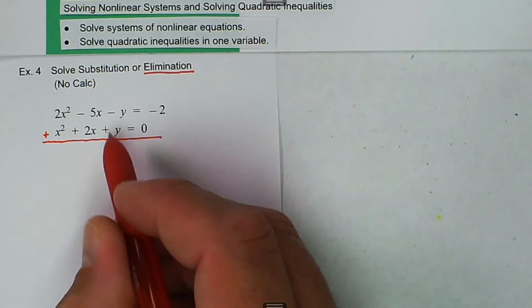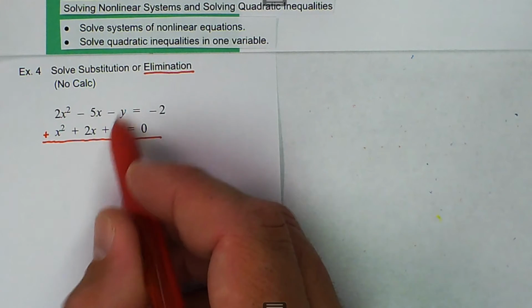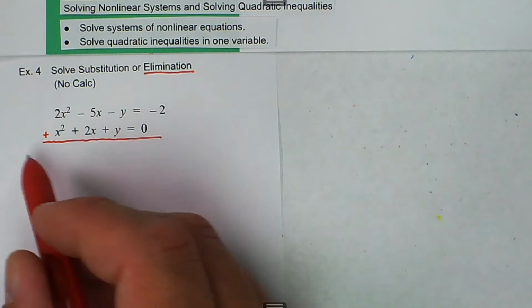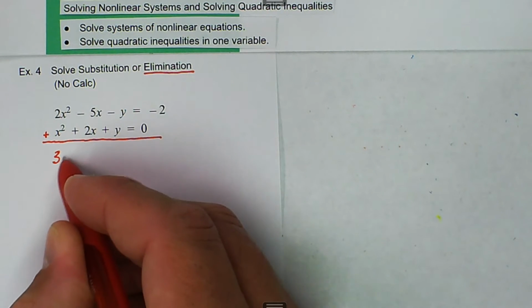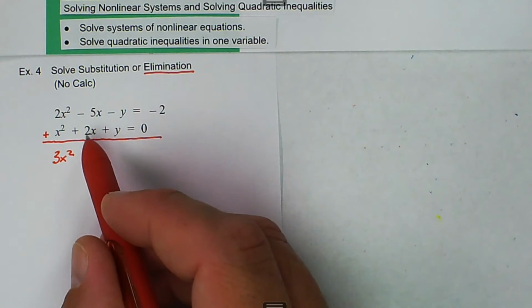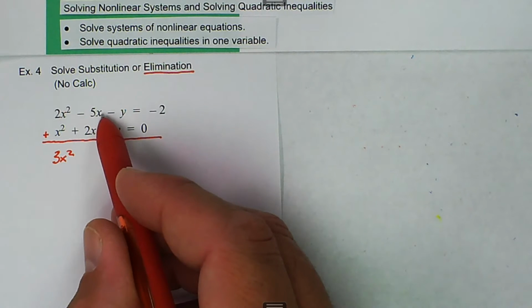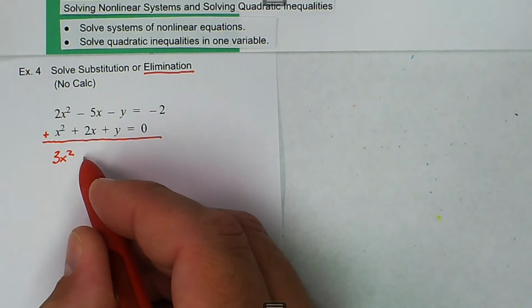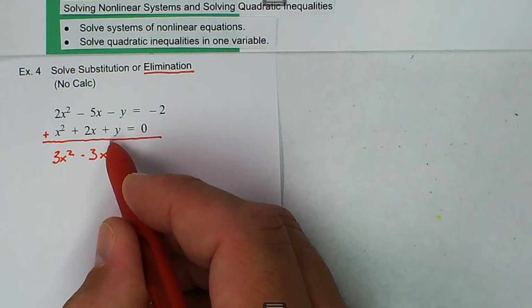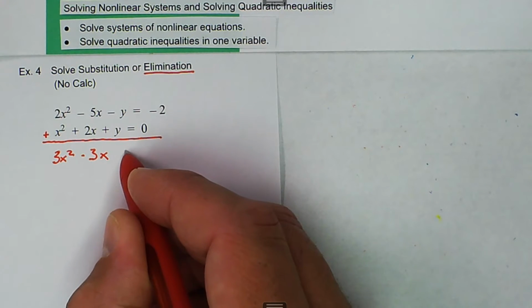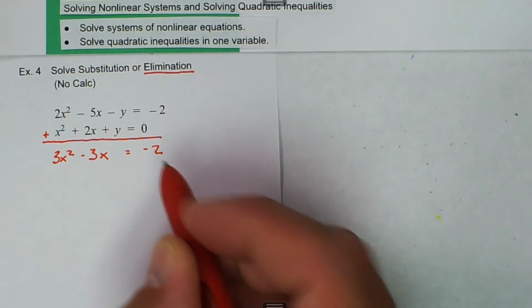If we add these, because this is negative and this is positive, they're going to cancel each other out. So 2x squared plus 1x squared is going to be 3x squared, and -5x plus 2x is going to be -3x. The y's cancel each other out, and then that's equal to -2.